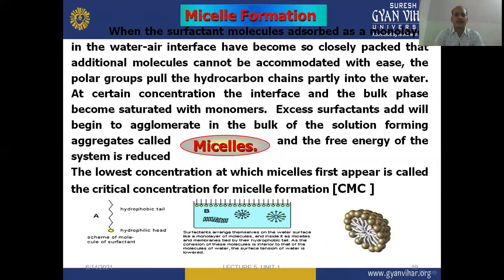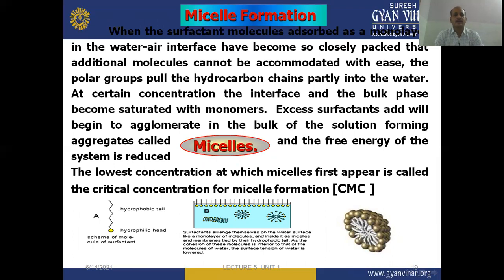Now, how can micelles form? When the surfactant molecules adsorb as a monomolecular layer at the water-air interface, they become so closely packed that additional molecules cannot be accommodated. So, the polar group will pull the hydrocarbon chains partially into the water.